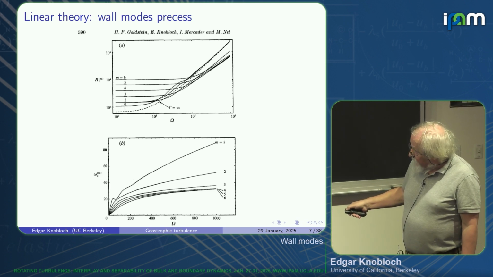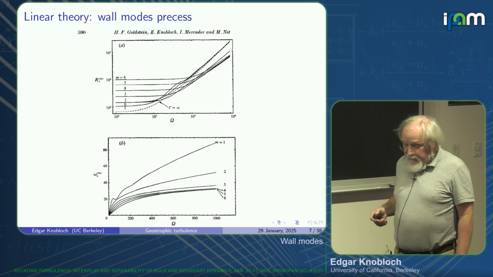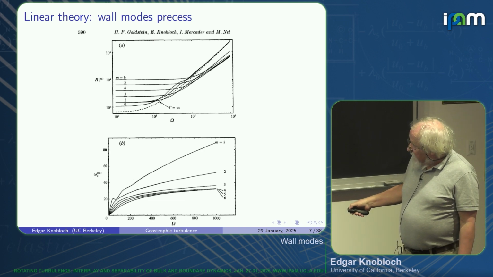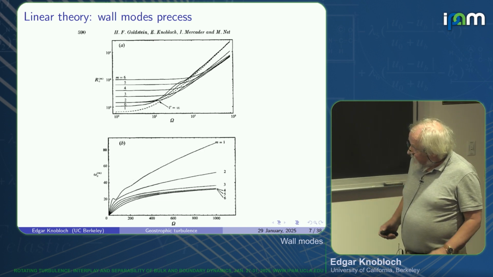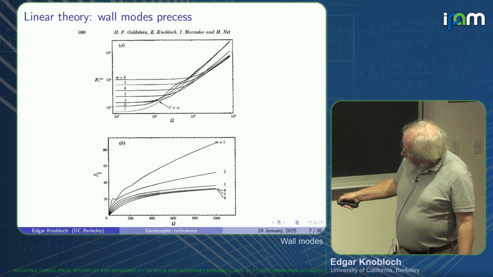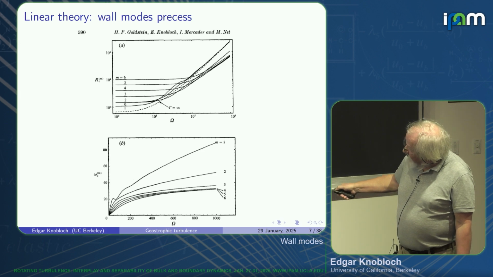So here, 0 would be an axisymmetric structure that is not precessing, of course. But then the modes with m numbers 1, 2, 3, 4, 5, etc., they precess, right? And here in the dashed line, just like in the Rossby picture, is the Chandrasekhar prediction, right?